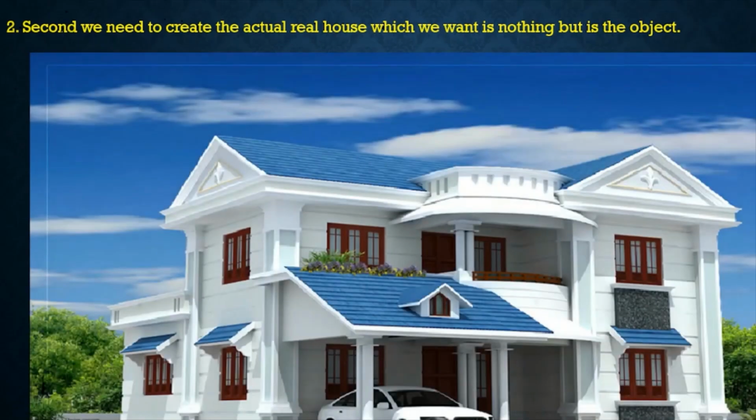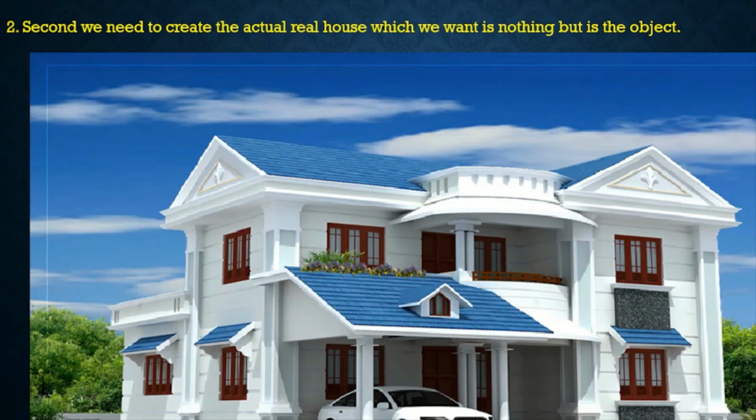This is a real house we built from the architecture diagram, right? Similar to this, we have one class, and from the one class we can create multiple objects in Java. But in real time, what we can do, we have an architecture diagram.